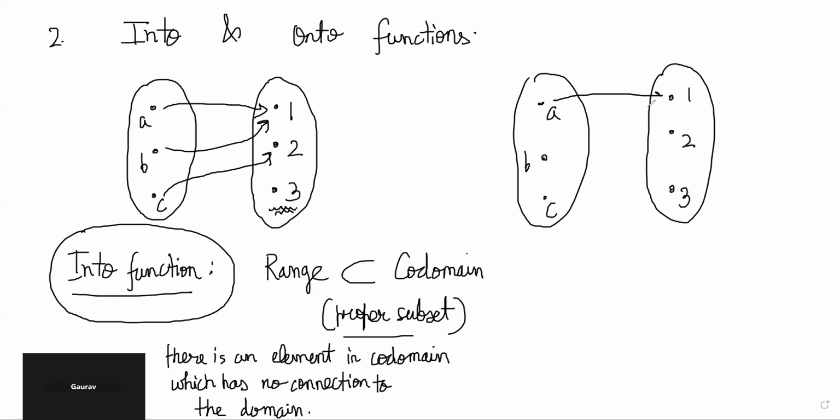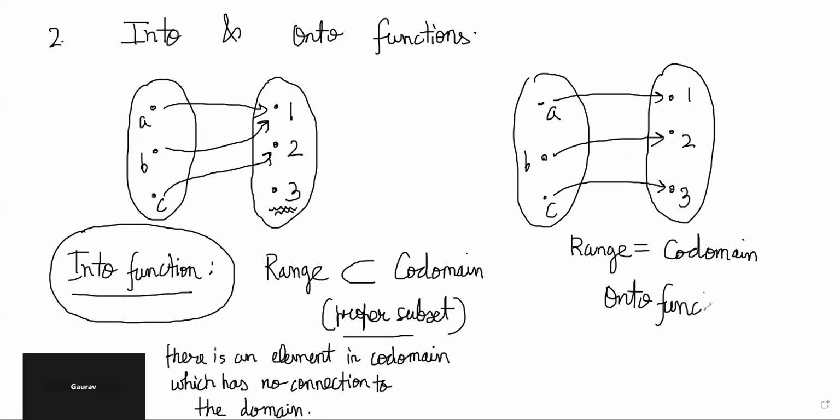And if I had drawn a function like this instead, where you can see here that range is equal to codomain, that type of function is called onto function. The condition for onto function is that the range and codomain should be equal. The actual outputs match the possible outputs, right?